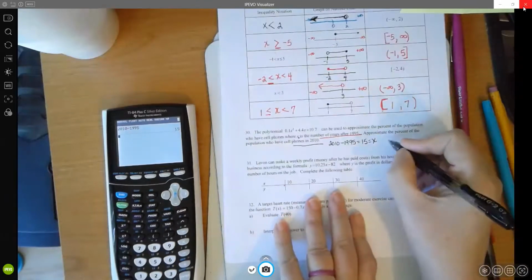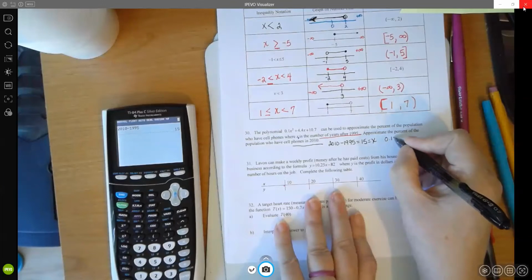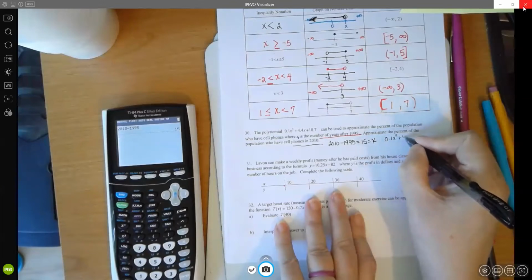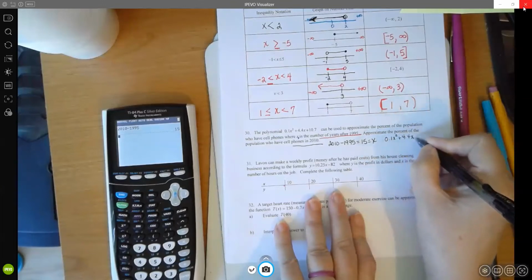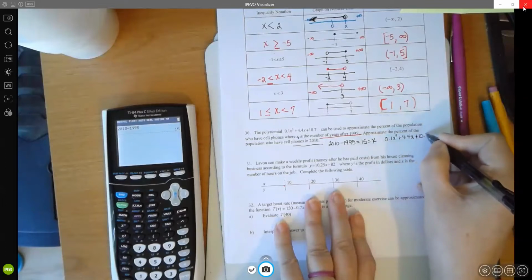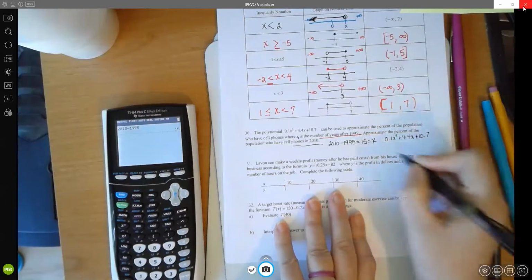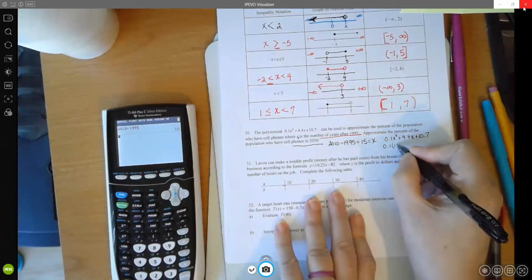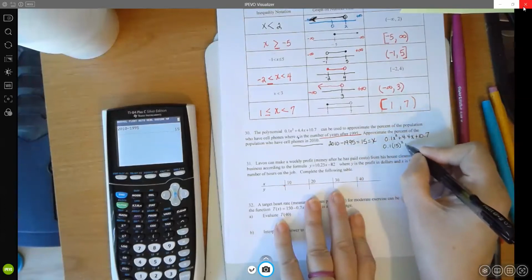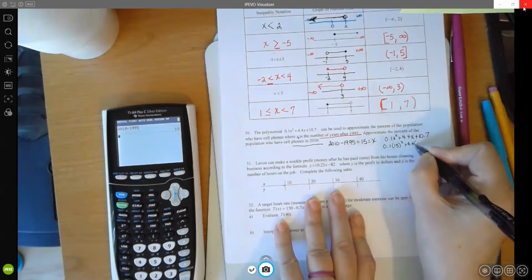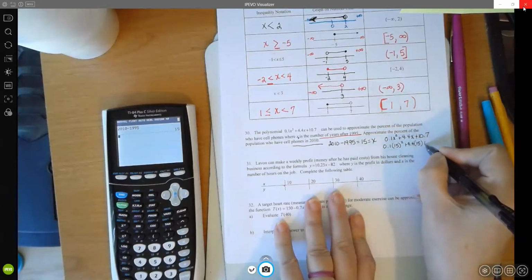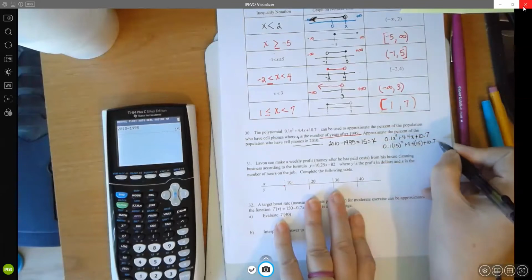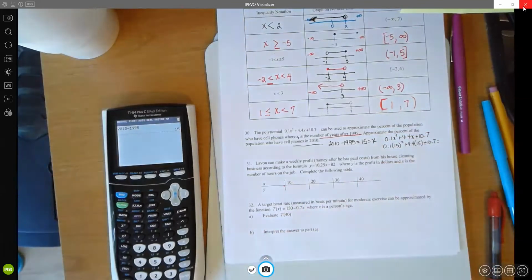And so what I'm going to do is take 0.1x squared plus 4.4x plus 10.7, which is my equation, and substitute in 15. 0.1 times 15 squared plus 4.4 times 15 plus 10.7. Folks, that's all the work you need to show.